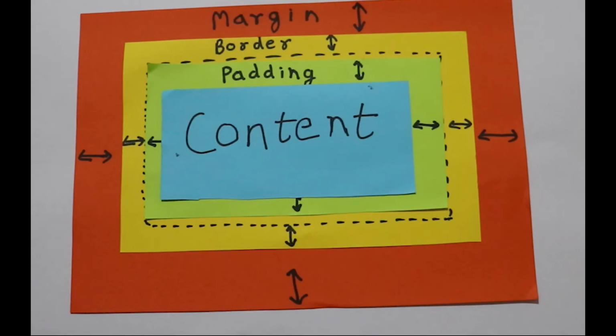Basically, all HTML elements can be considered as boxes. In CSS, the term box model is used when talking about design and layout. The CSS box model is essentially a box that wraps around every HTML element. It consists of margin, border, padding, and the actual content itself.